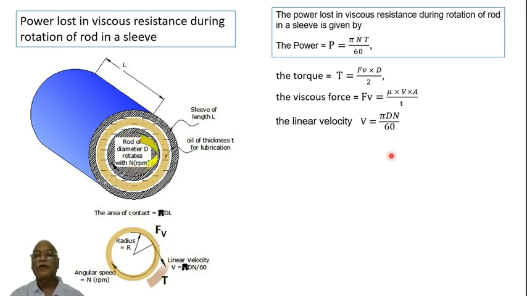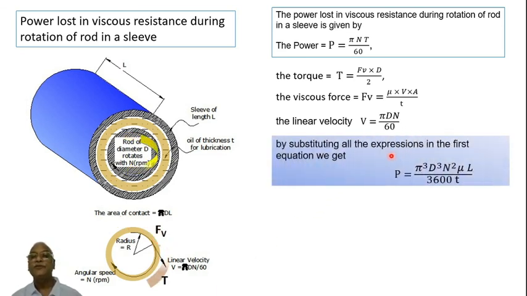Now by substituting all the expressions in the first equation, we get P is equal to pi cubed d cubed n squared mu L divided by 3600 T. So this is a ready-made equation rather than doing all these earlier equations one by one.